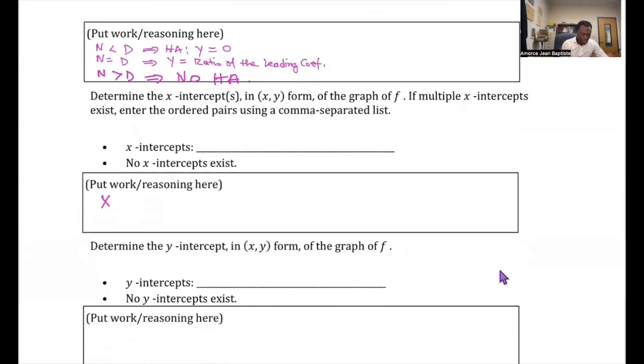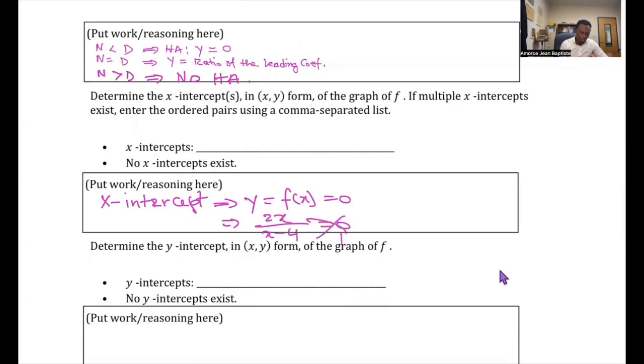X-intercept. Well, x-intercept is when f of x equals 0. That's when y equals f of x equals 0. So that means your f of x, 2x over x minus 4, is equal to 0. It's like 0 over 1.